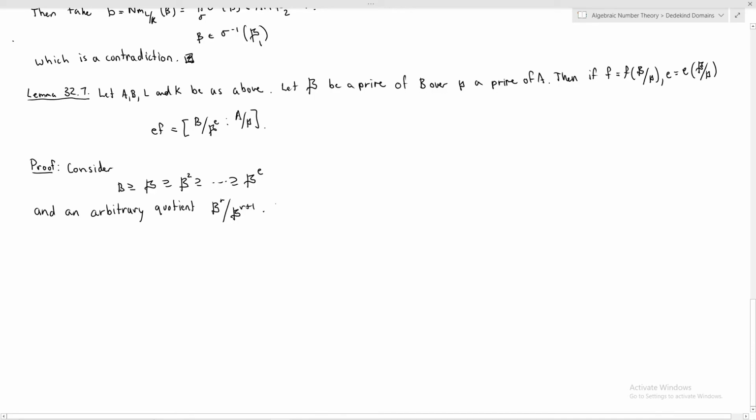So I can view this as a B mod P vector space. And so I'm going to understand this as a B mod P vector space, which is then going to allow me to understand it as an A mod P vector space.